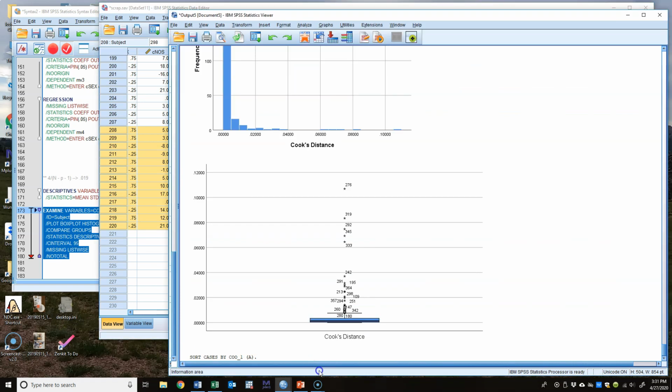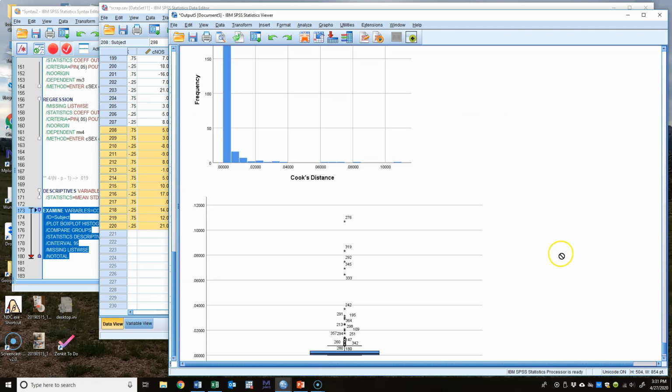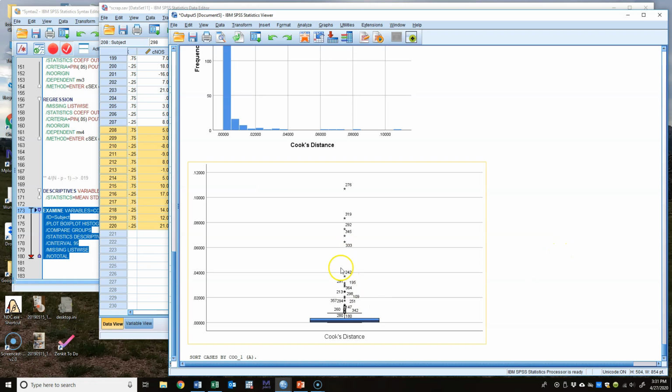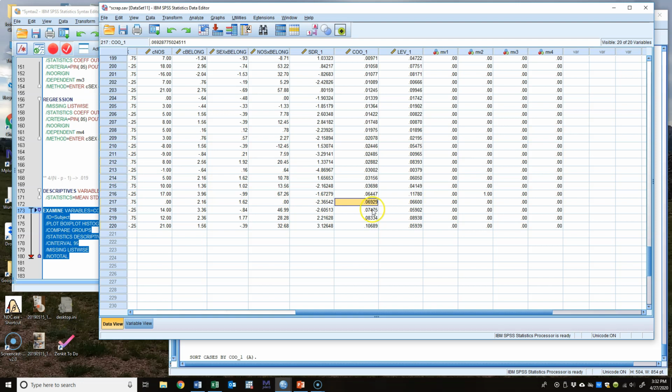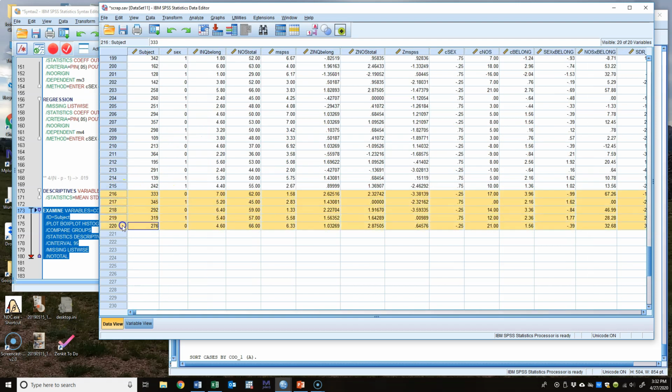And so if I'm looking at my box plot and my histogram, I'm seeing a break happen here. And so maybe cases that are exceeding 0.06, so 333, 345, 292, 319, and 276. This one's really high up there in terms of being influential in the model. So we take a look at our Cook's.